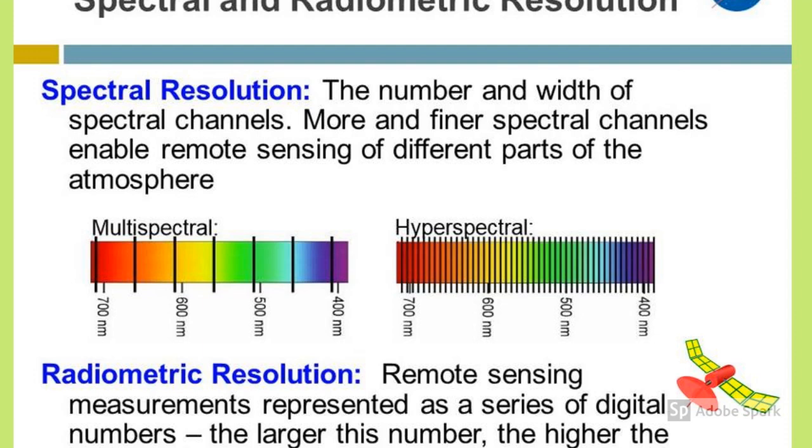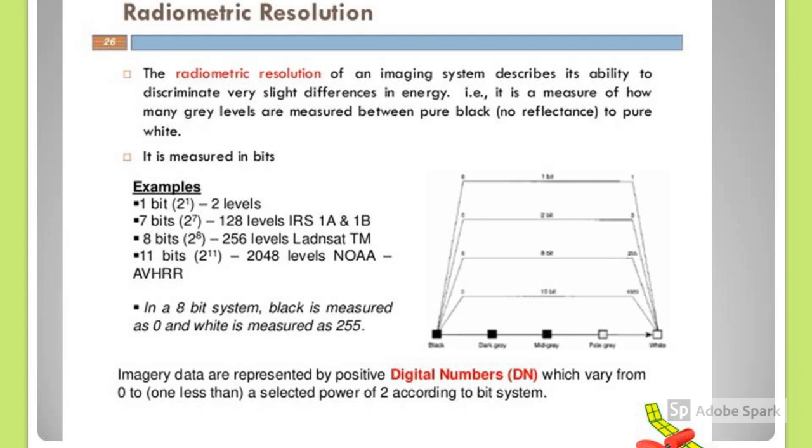LISS 3 bands: Band 2 0.52 to 0.59 μm, Band 3 0.62 to 0.68 μm, Band 4 0.77 to 0.86 μm, Band 5 1.55 to 1.70 μm, Pan 0.5 to 0.75 μm. The spatial resolution specifies the pixel size of the satellite images covering the Earth's surface.